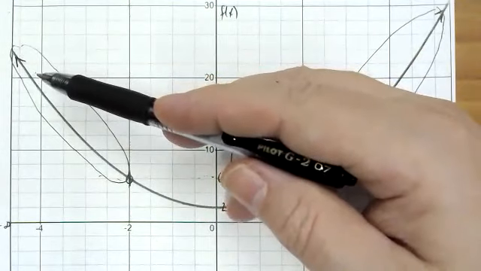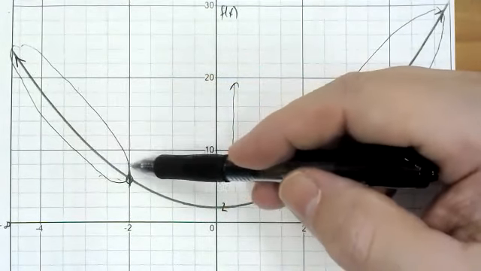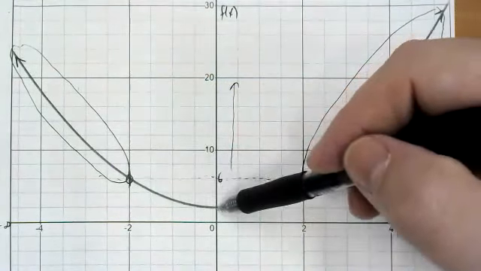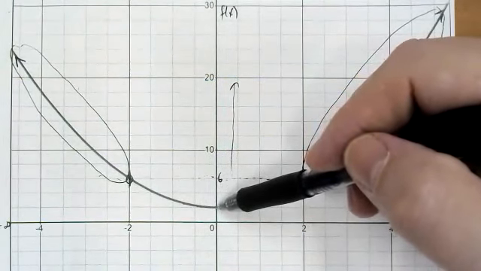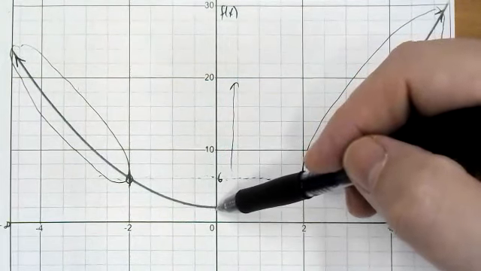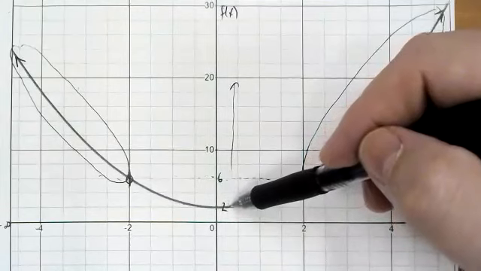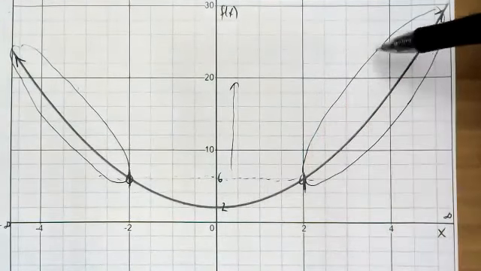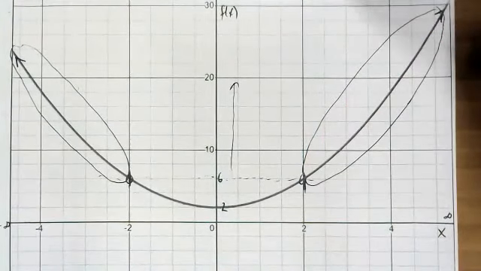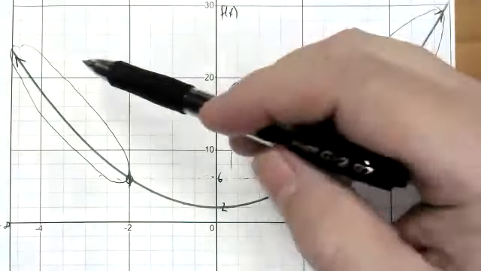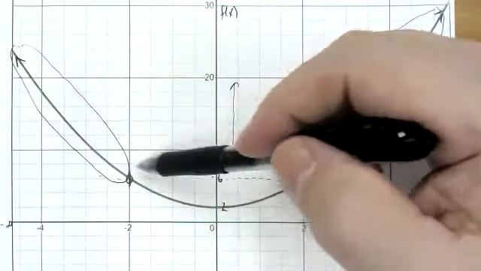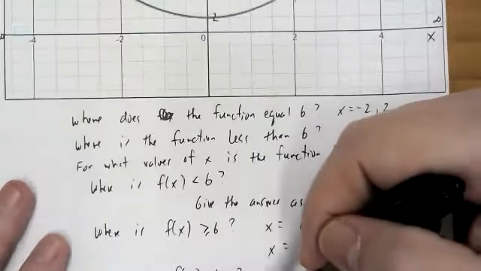Well, here it's greater than 2, greater than 2, greater than 2, greater. You finally get to the very bottom of this little u, where the function actually equals 2, and then it starts getting larger again. So your first answer might be, wow, the whole graph is greater than 2.